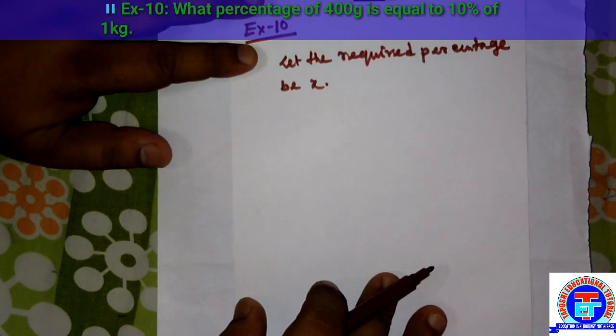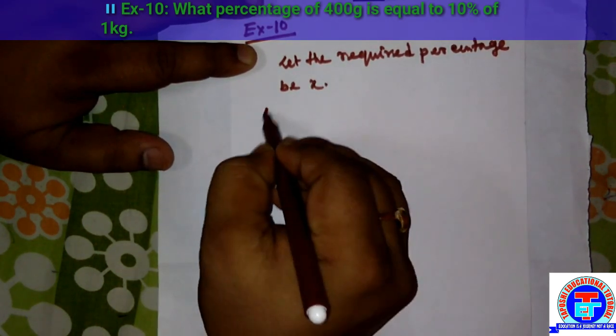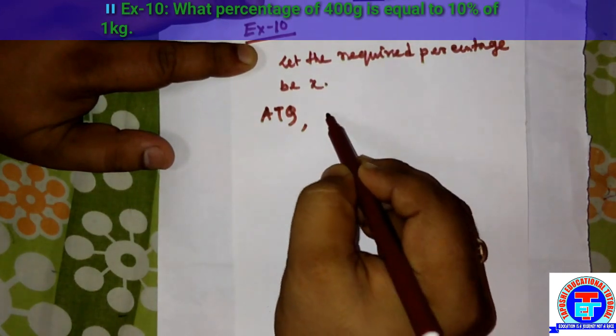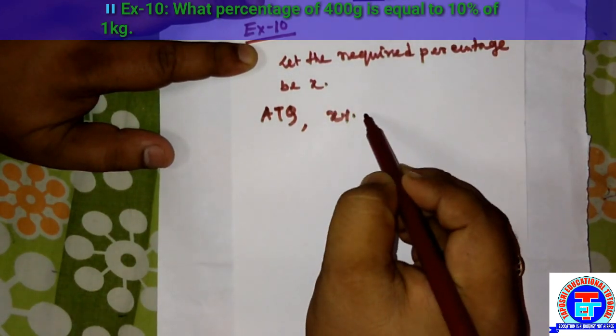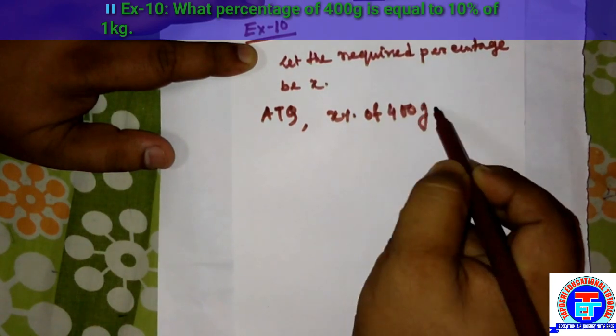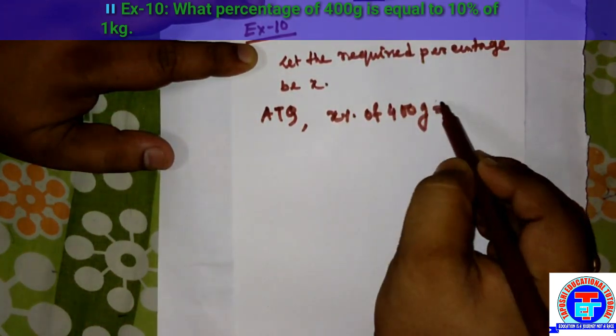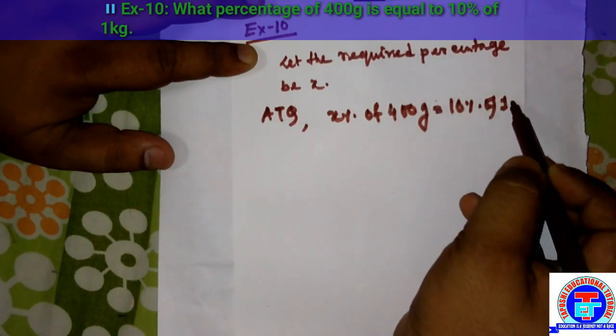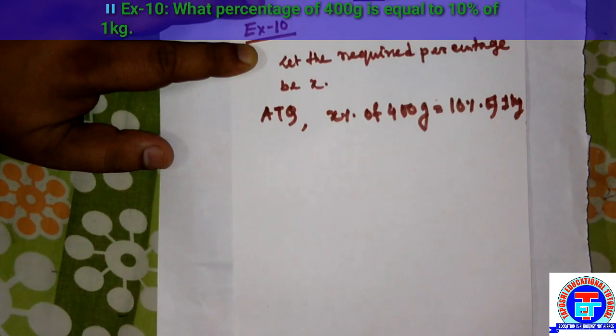Now according to the question we can write x% of 400 gram is equal to 10% of 1 kg, right?